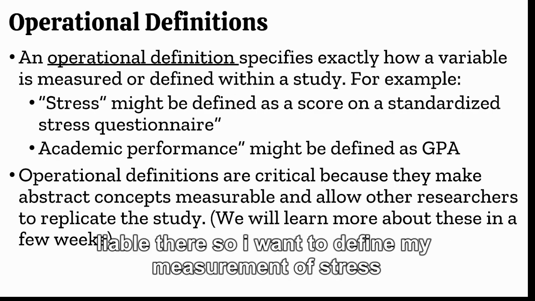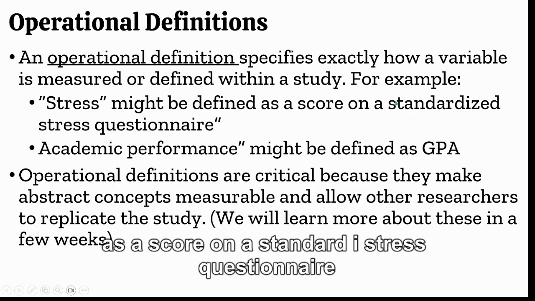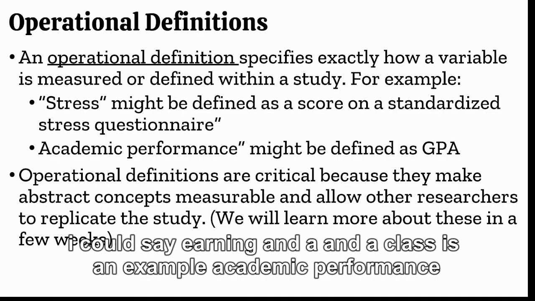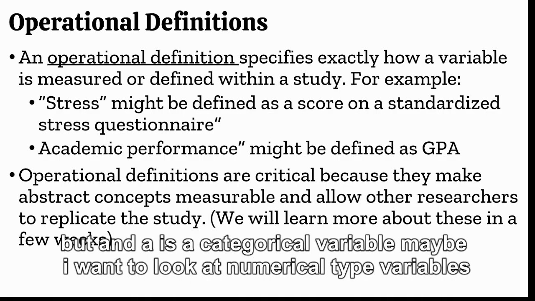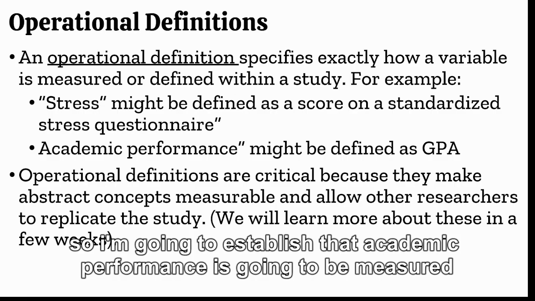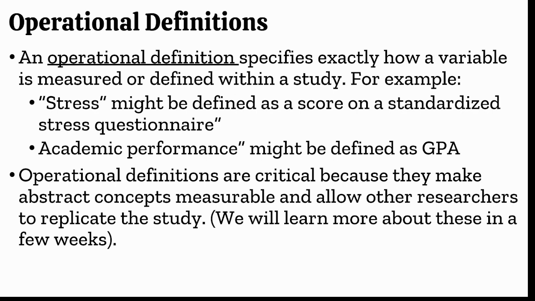So I want to define my measurement of stress as a score on a standardized stress questionnaire. Another example is academic performance. I could say earning an A in a class is an example of academic performance, but an A is a categorical variable. Maybe I want to look at numerical type variables. So I'm going to establish that academic performance is going to be measured by GPA.